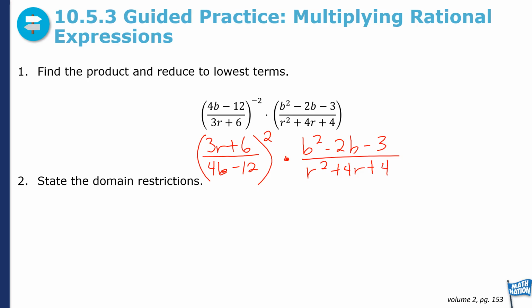So we have several factorings to do. Let's start with our numerator. So our numerator here, it tells us that we have 3r plus 6 twice. And then the numerator on the right side, when we factor that, factors of 3, when we multiply them, we get 3, but when we subtract, we get 2.